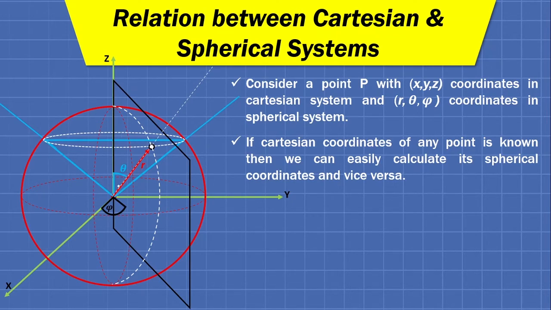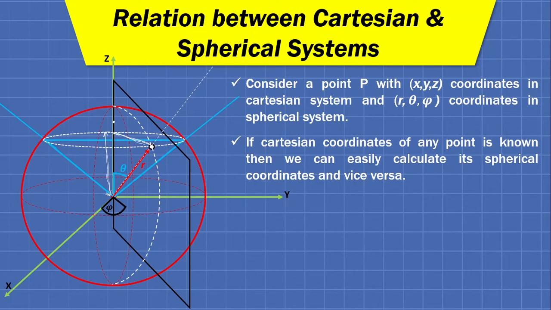Here we can see the vector r, which is making angle theta with z-axis. Fine. So the projection of r on z-axis, this is the projection of r on z-axis, and this projection will be modulus of r cos theta.